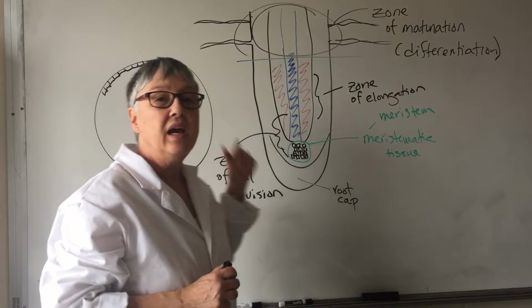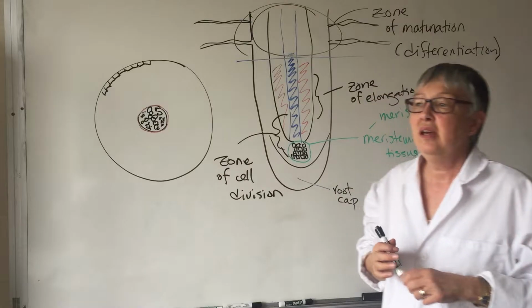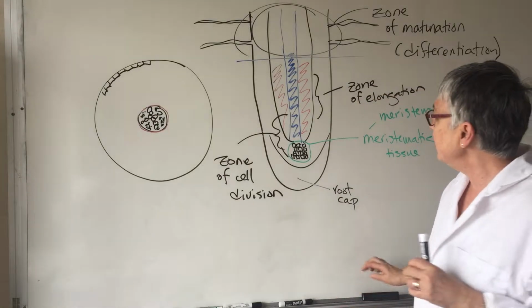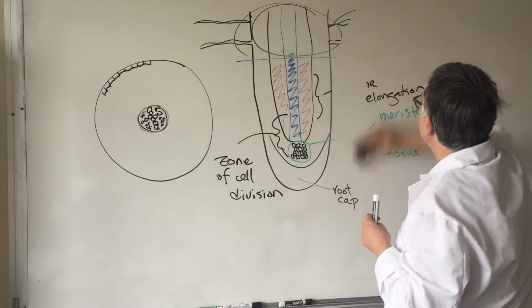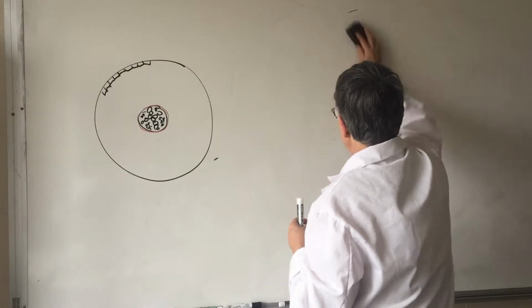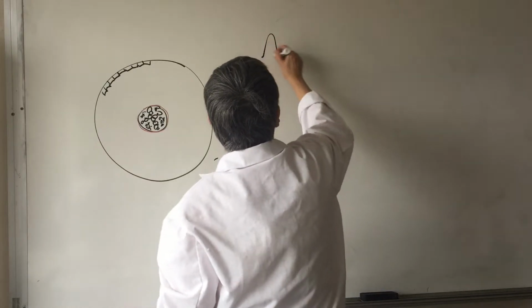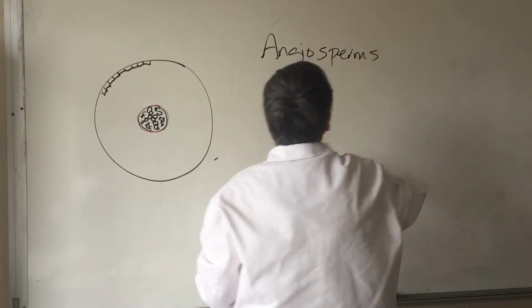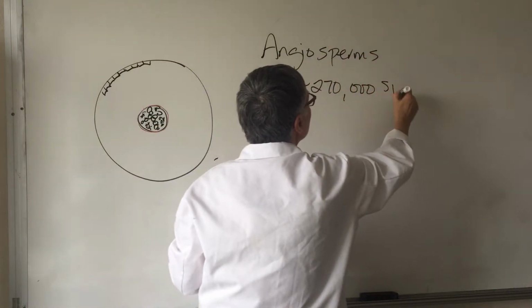We're going to take a look at a cross-section of a mature root, and I'm going to focus on just one group of plants. And I think I'll erase this. When we look at the flowering plants, or the angiosperms, there are about 270,000 species.